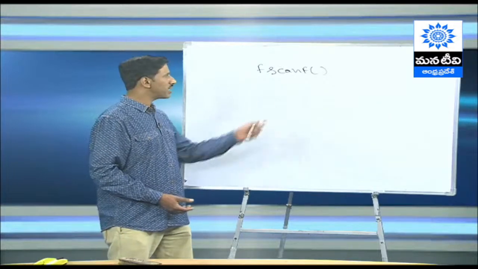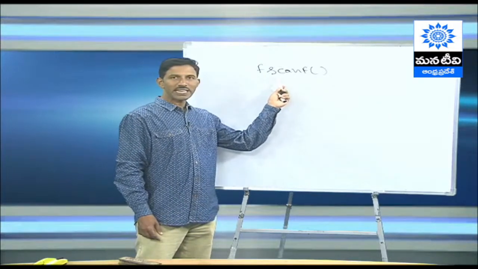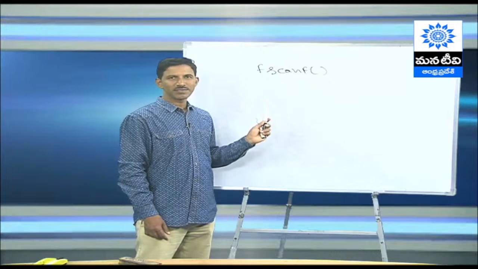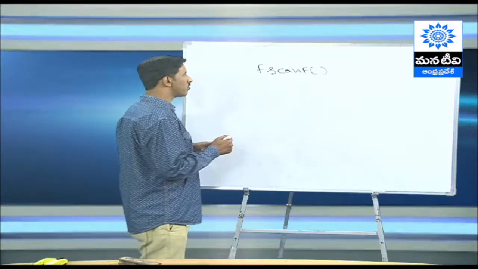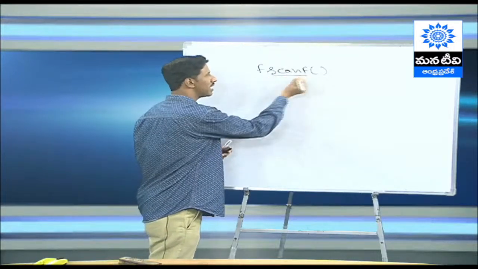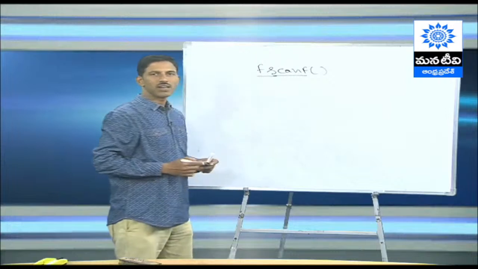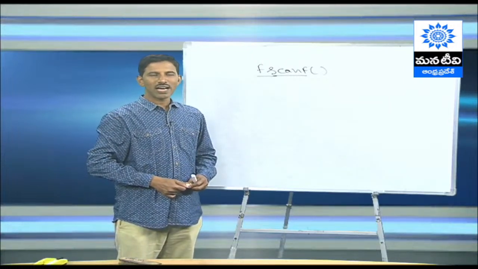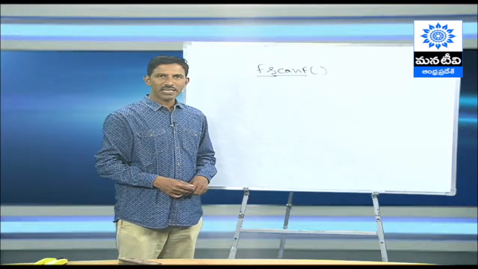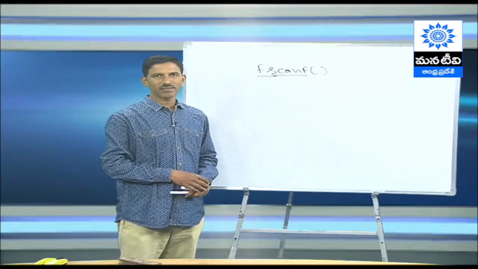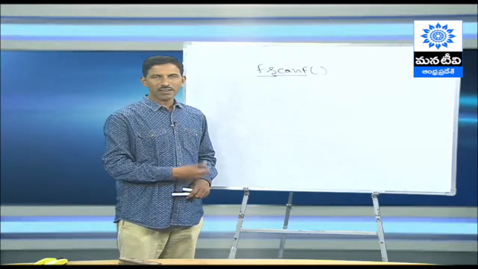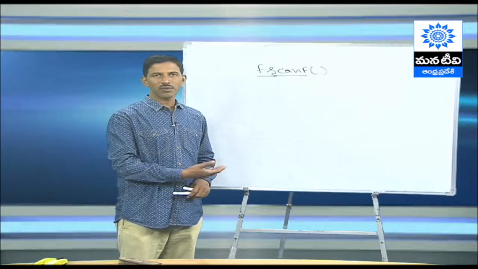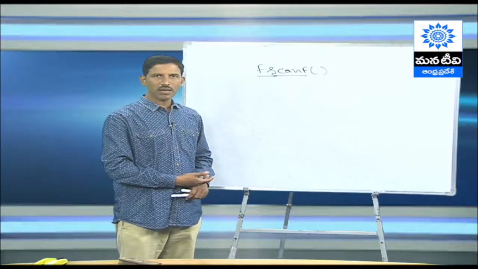But what is meant by fscanf? I want to read the data from the files. What is the difference between normal scanf and fscanf? Normal scanf reads the data at the C monitor. That is called normal scanf.